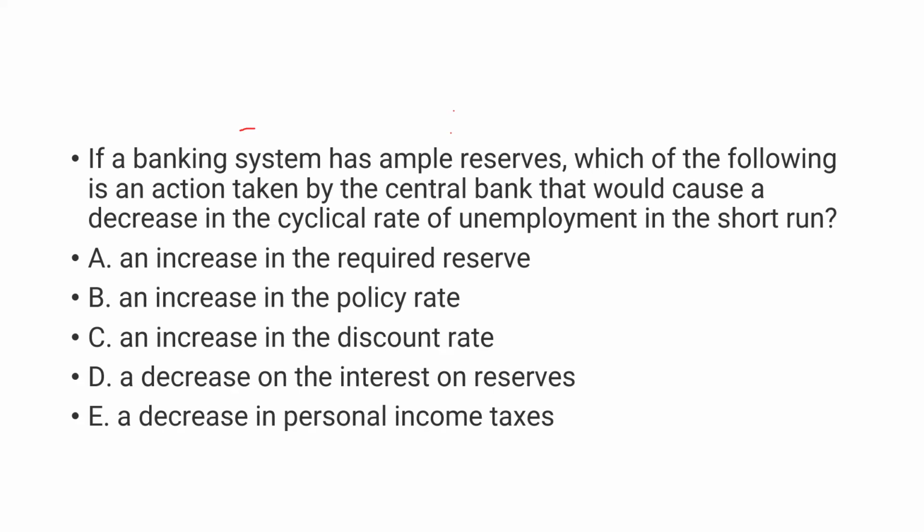The interest on reserves is the interest the Fed pays banks when they put money in the Fed. The discount rate is the interest the Fed charges banks when they borrow. But anyhow, just look at all of these: a decrease in interest, business investment up, AD to the right. So D as in dogwood would be the answer.